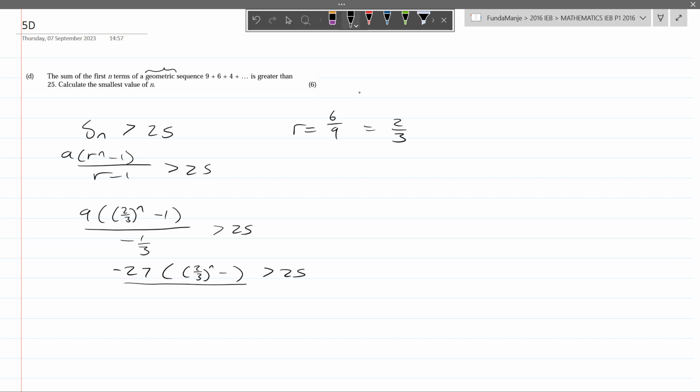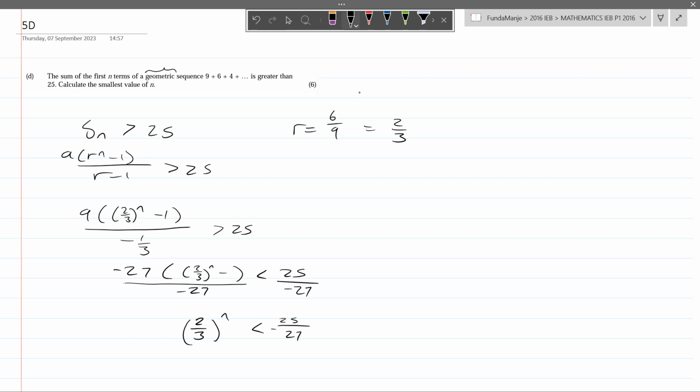Divide both sides by minus 27 and the sign changes. And then we're left with 2 over 3 to the power of n has to be smaller than minus 25 over 27.